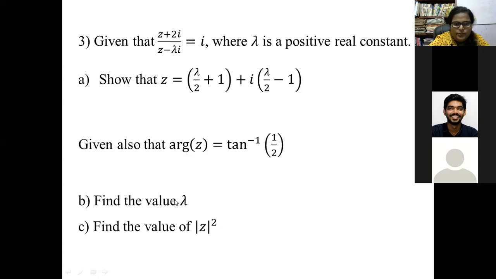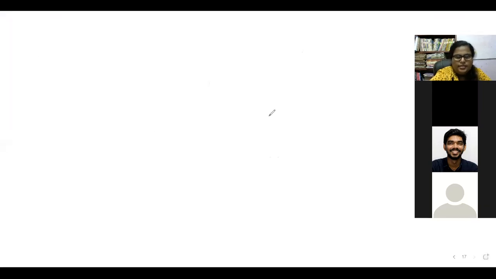So we see part B. It is given that arg z is equal to tan inverse 1 over 2. So here, by using this result, since it is given that lambda is a positive real constant, I use this result for part B.